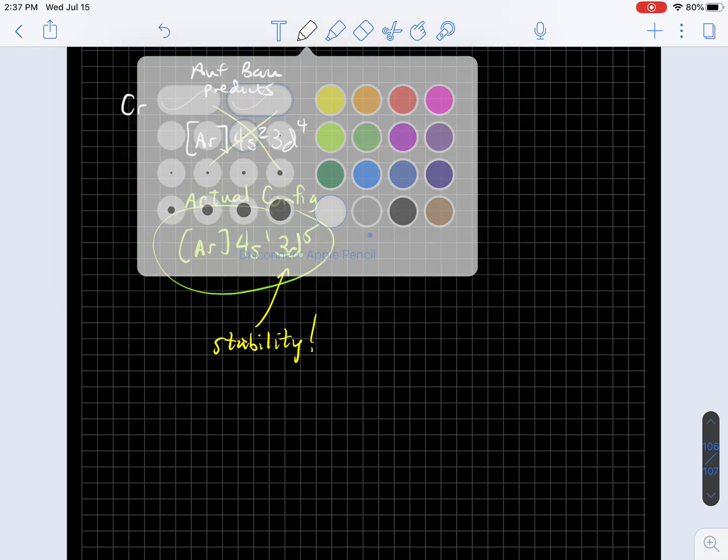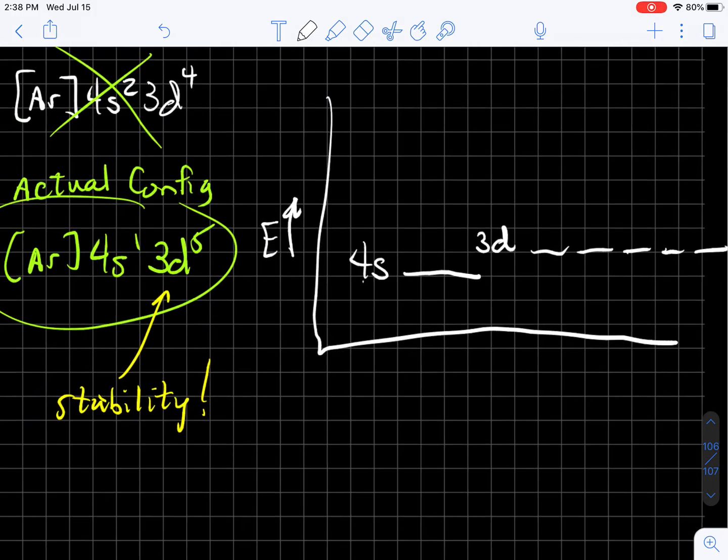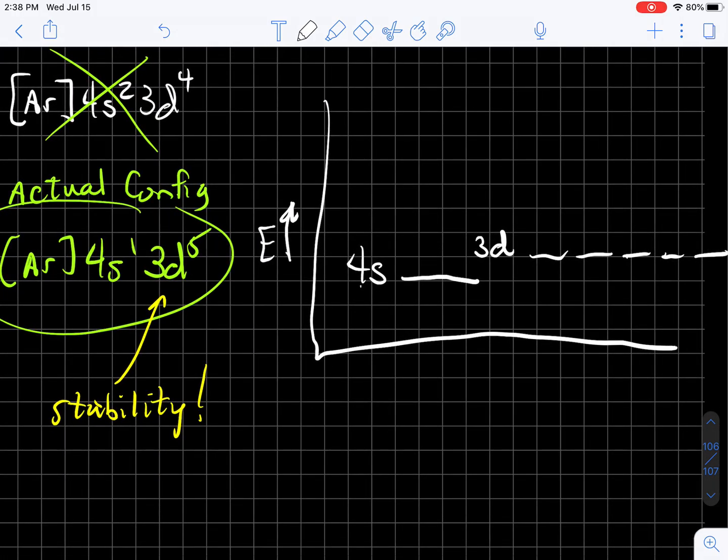If we look at it in terms of an energy diagram, again, I'm going to do the Half-filled in white. So here's the 4s shell. Now it turns out the 3d shell is almost degenerate to the 4s. They're almost exactly the same energy, but the 3d is slightly higher. Just slightly. So this is a small energy gap.